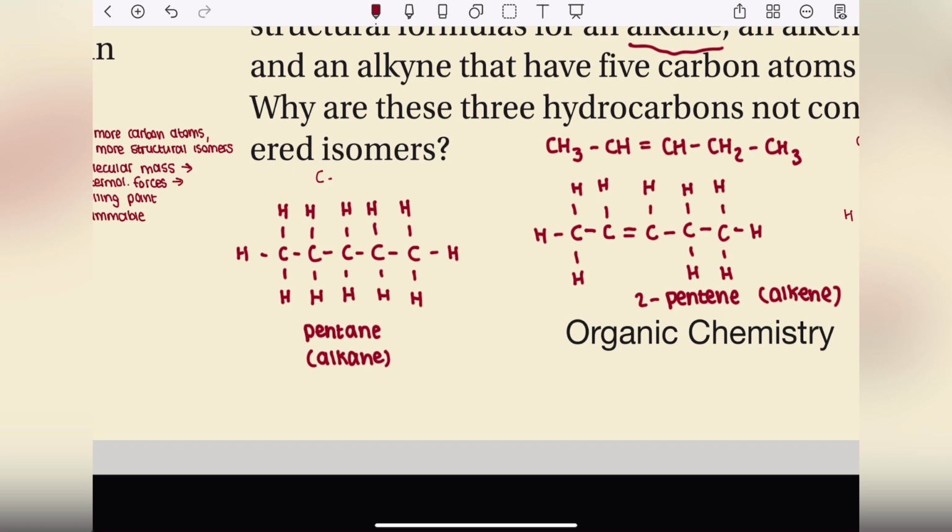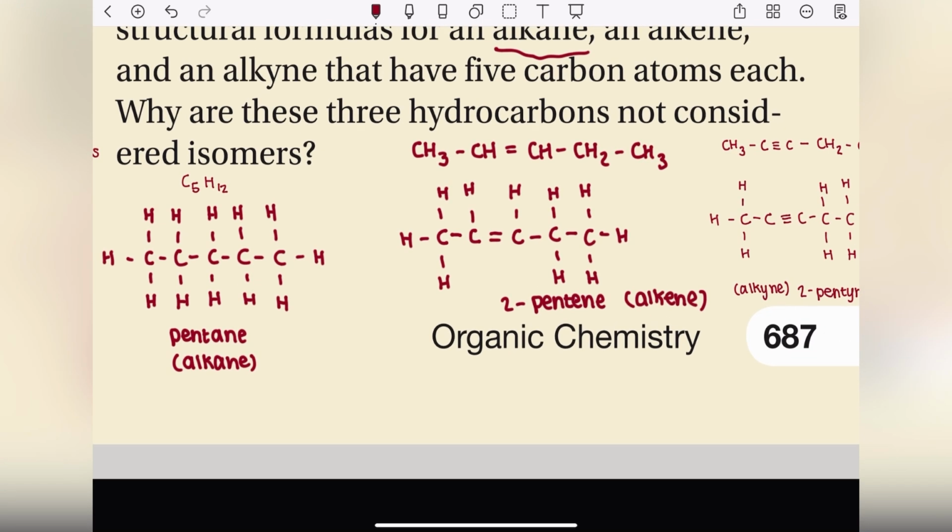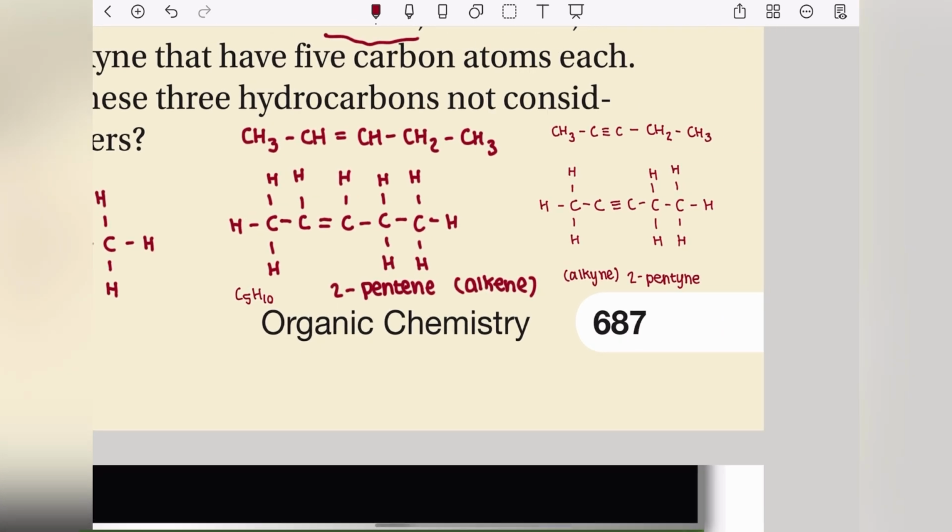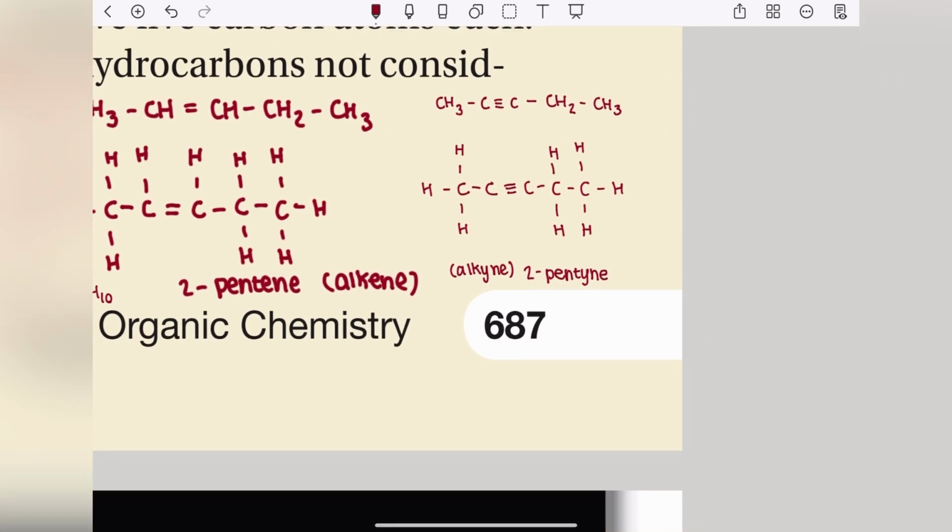It indeed has 5 carbon atoms, and so it has 12 hydrogen atoms. Our alkene also corresponds to the general formula for alkenes, which is CnH2n, so C5H10. And so does our alkyne. C5, the general formula is CnH2n-2, so H8.